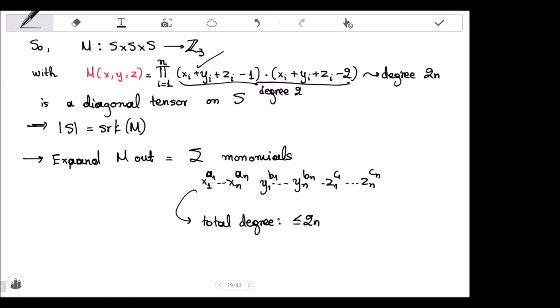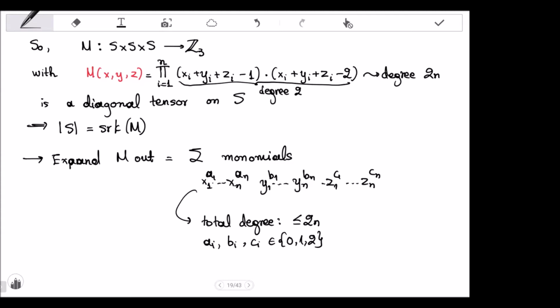Every single x_i only appears in 2 brackets out of these many 2n brackets we have. Because x1 appears only in the first 2 brackets, x2 only in the next 2, and so on. So the degree in each x_i, each y_i, each z_i is at most 2. So each a_i, b_i, and c_i is either 0, 1, or 2. So you shouldn't have too many monomials actually here, and this monomial is a slice.